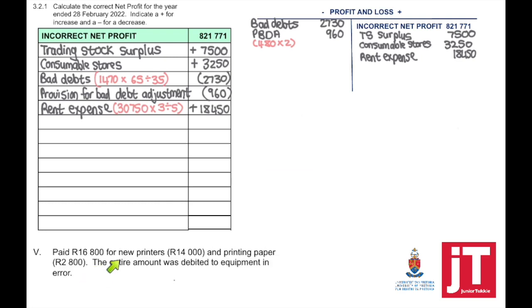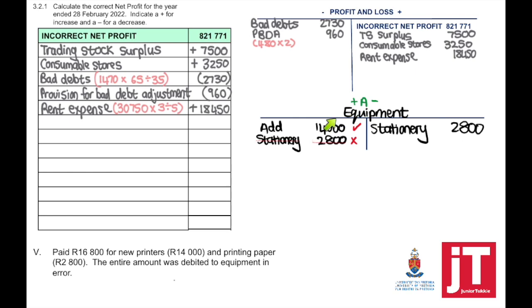Paid 16,800 for new printers, 14,000, and printing paper, 2,800. The entire amount was debited to equipment by mistake, in error, which means we need to correct the equipment account. Because the new printers is part of my equipment, but the printing paper will form part of my stationery.